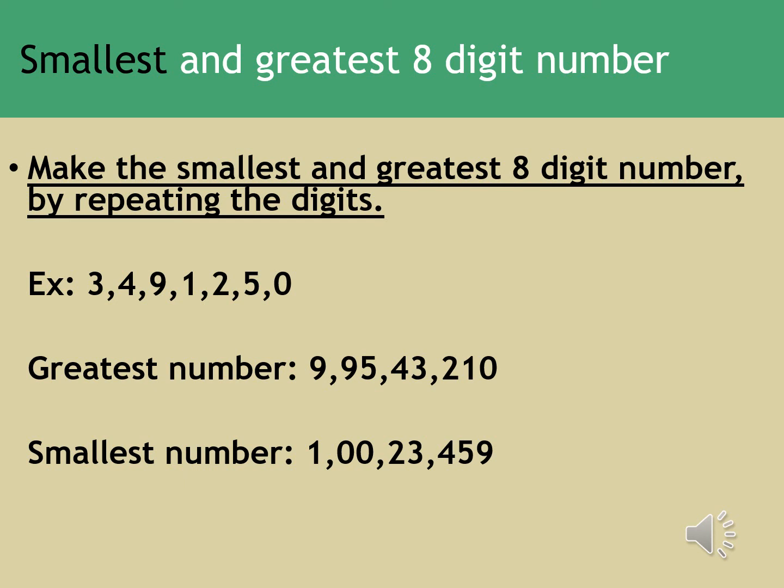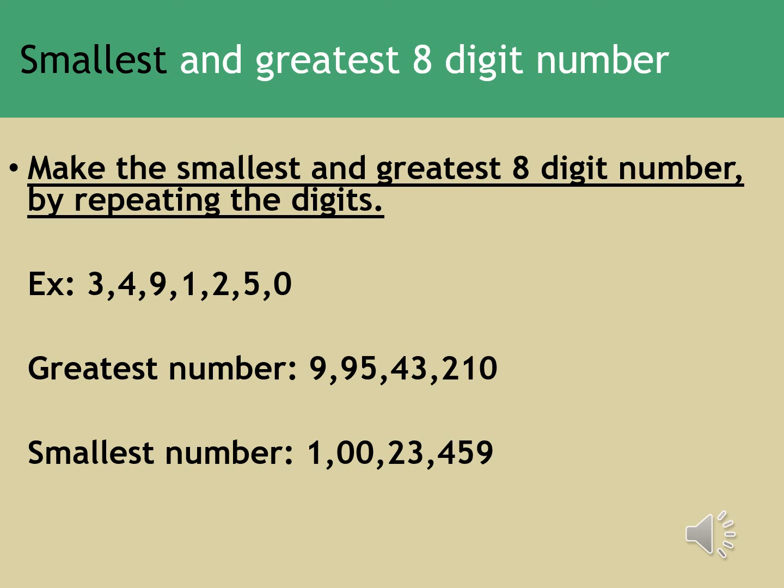Then we can form the greatest 8-digit number. So to form the greatest 8-digit number, which digit do we want to use 2 times? That will be the greatest digit, that is 9. So the number we got is 9 crore 95 lakh 43,210.